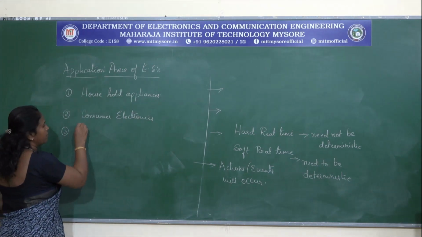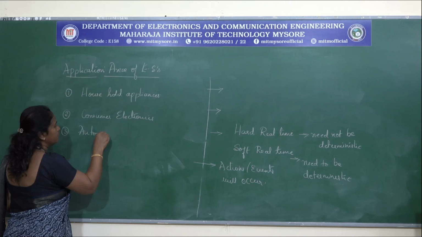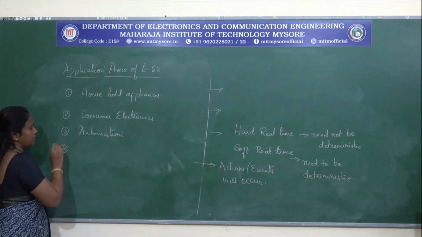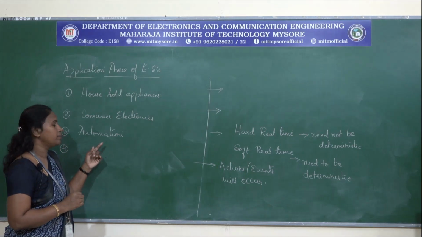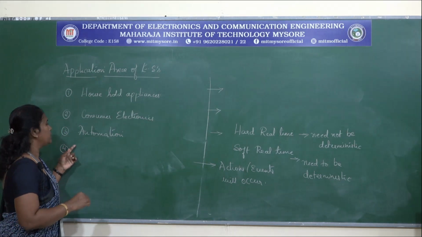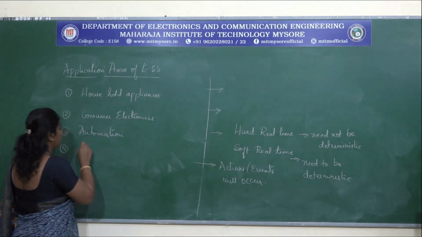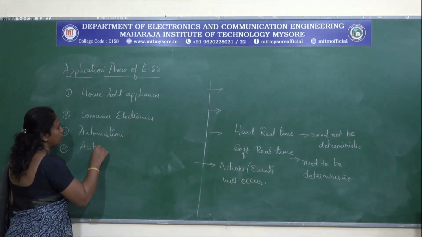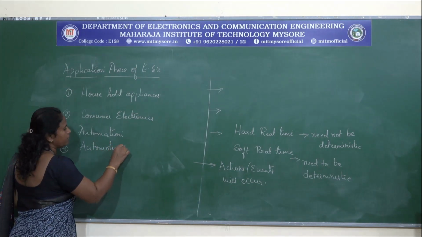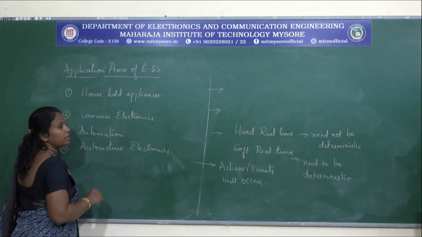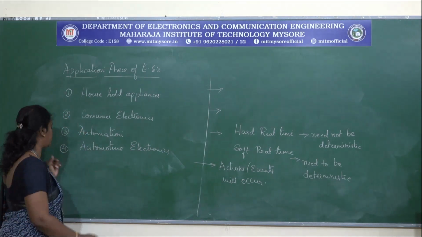Then we have automation. In automation, that is providing security to your home automation system. That is with respect to your automation, as well as in automotive industry, in automotive electronics, that is in your car, we have ABS anti-braking systems.